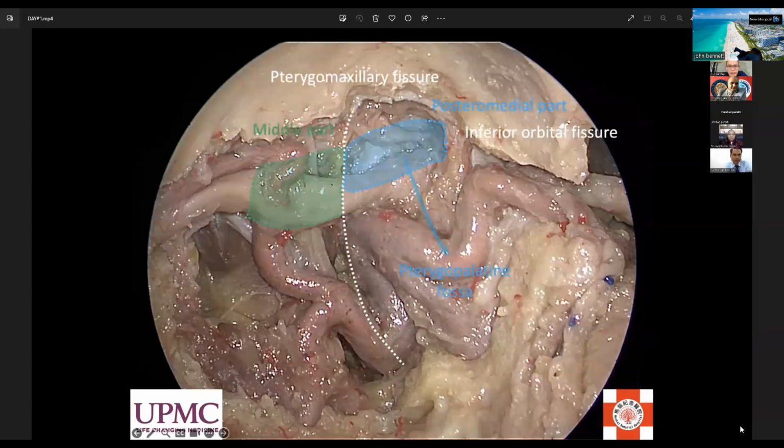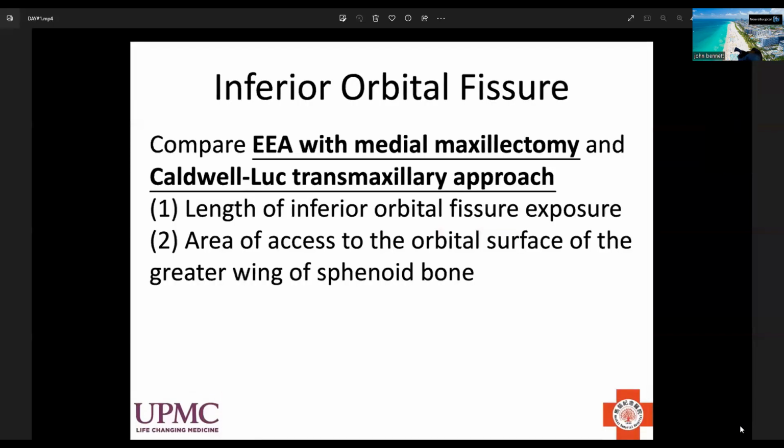The middle part is from the anterior border to the posterior border of the infraorbital nerve, so it is equal to the width of the infraorbital nerve, and it connects the orbit with the infratemporal fossa. The anterolateral part of the inferior orbital fissure is lateral to the infraorbital nerve, and it connects the orbit with the temporal fossa.